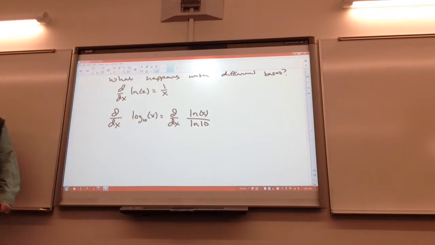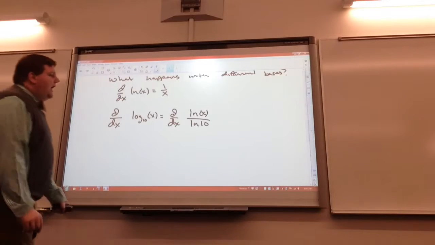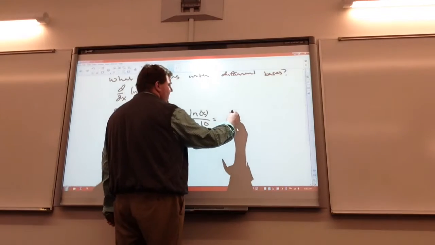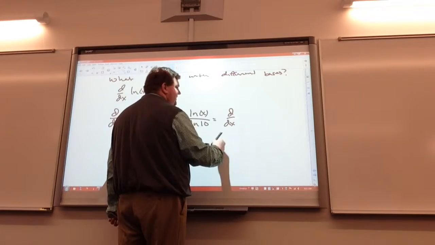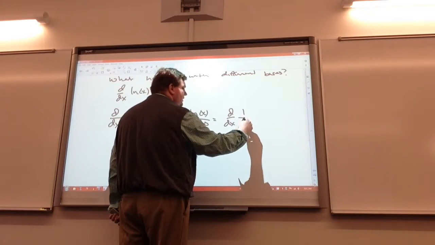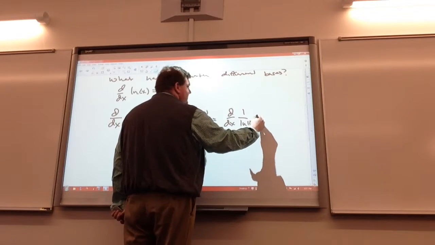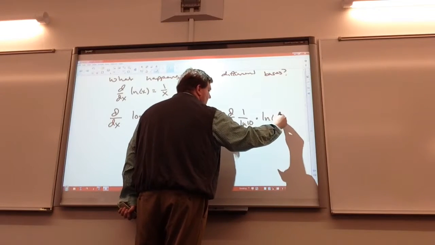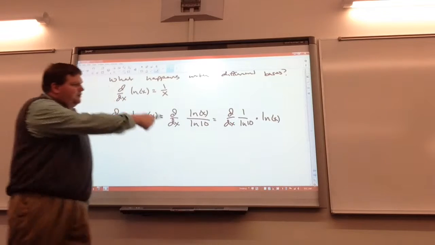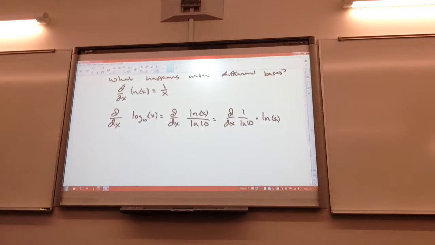What is the natural log of 10, ultimately? It's just a constant number, right? So I can rewrite this as the derivative with respect to x of 1 over the natural log of 10 times the natural log of x. And don't we know the derivative of the natural log of x? Yeah, it's 1 over x.